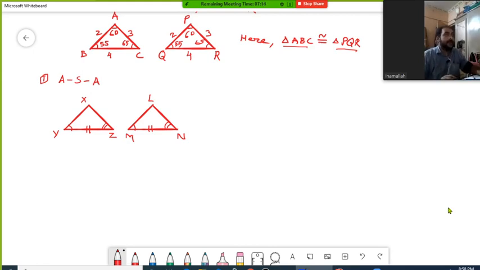Why are they congruent? Because three components: two corresponding angles, and one including corresponding side are equal and congruent. So on the basis of this information, we can say these two triangles are congruent by angle side angle test.